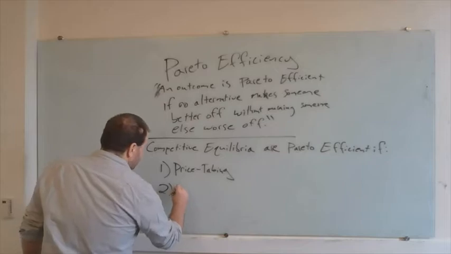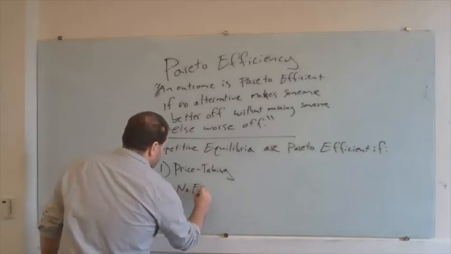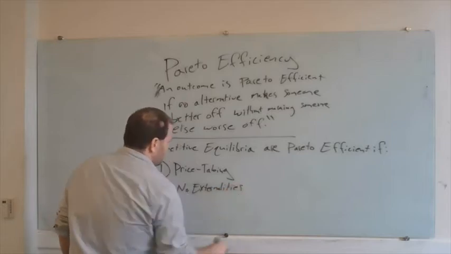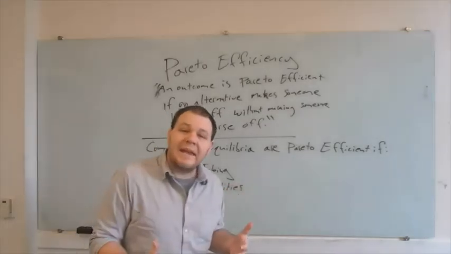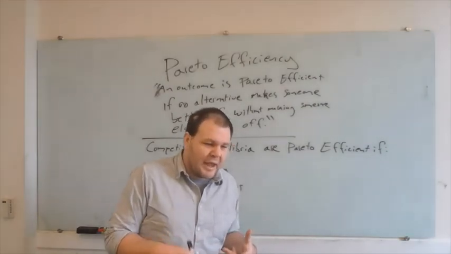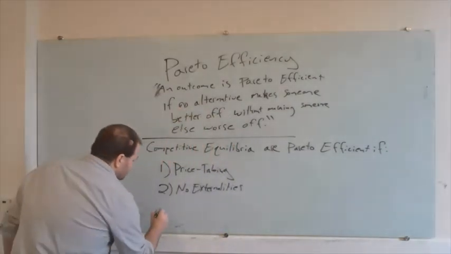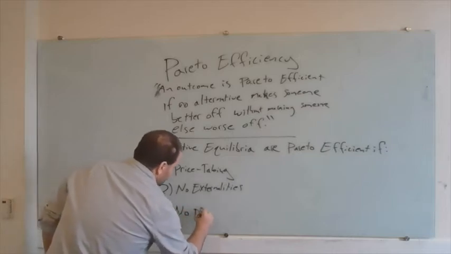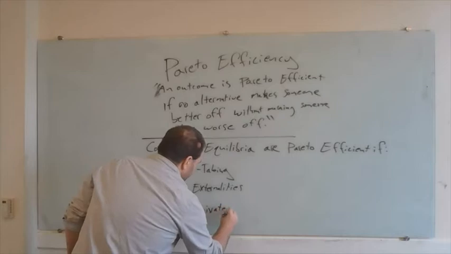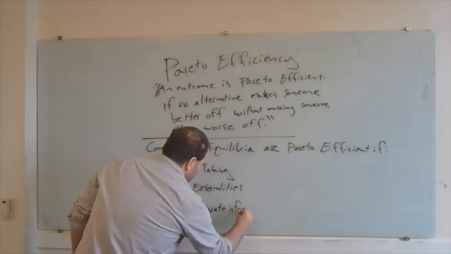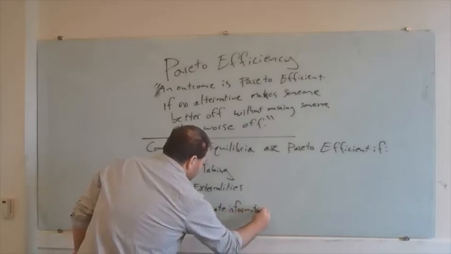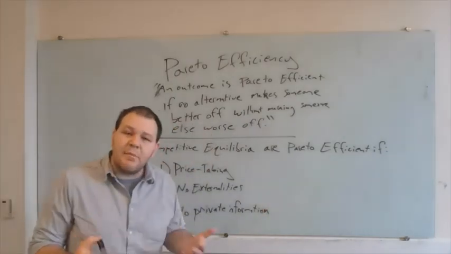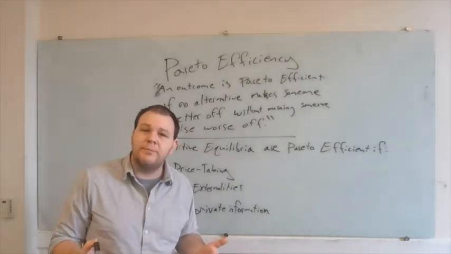Second, we need no externalities. My choices can't positively or negatively affect other people. And then lastly, we need no information asymmetry, or no private information. In other words, buyers and sellers have to have the same amount of information about whatever's being bought and sold.